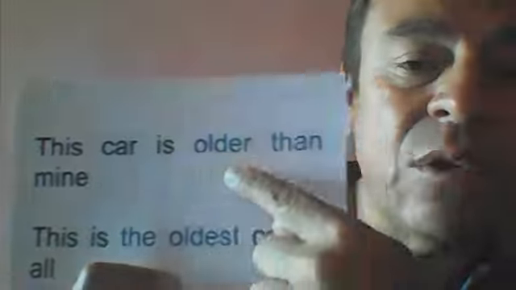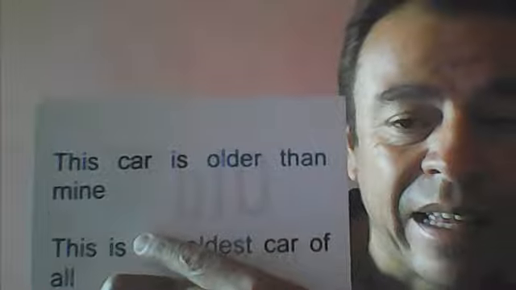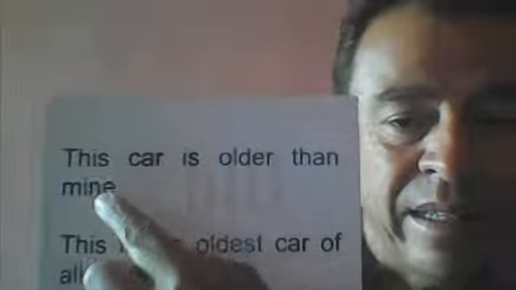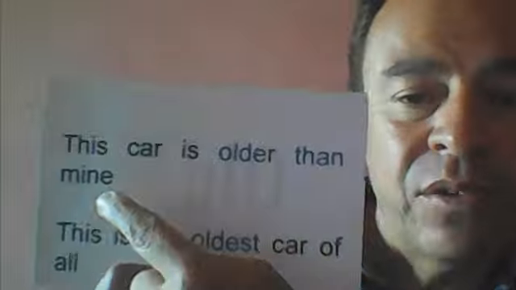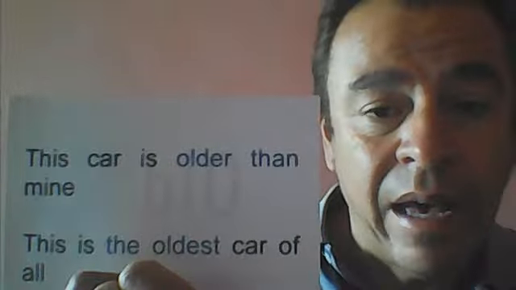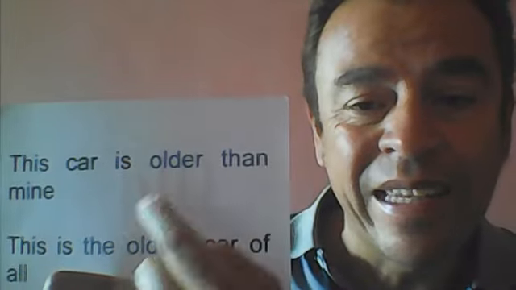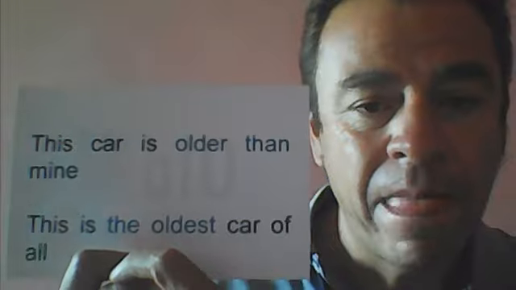This is a comparative sentence. We have two cars, this car and mine, my car. So this car is older than mine. We are comparing two cars. And for that reason, you add er at the end of this short adjective and the word than.